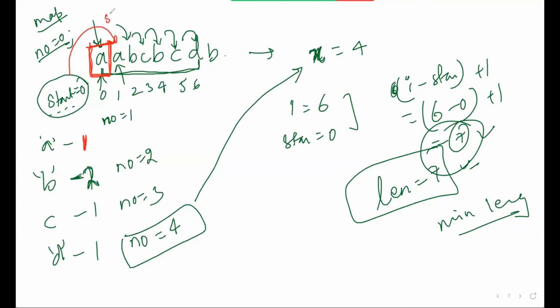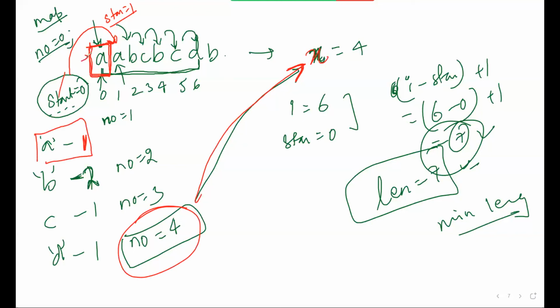So now my start point is at index 1. Now what is happening? How many characters do I have? I still have 4 distinct characters, which is equal to this X. Why didn't the number of distinct characters decline? Because A is still present there after removing this one A. There is still one A left.